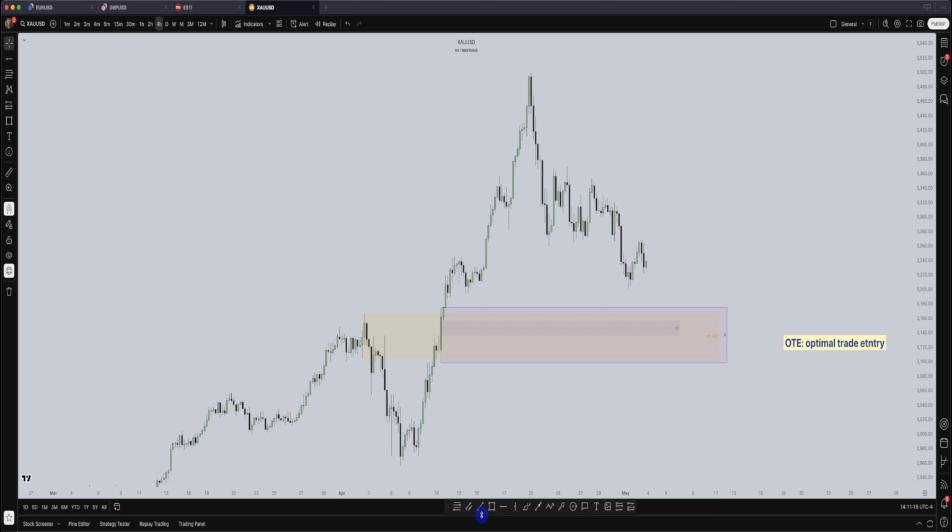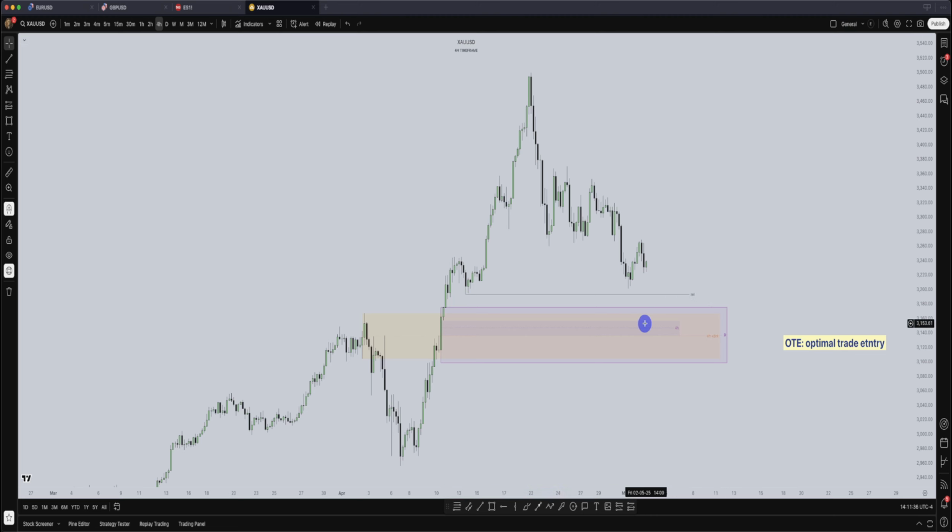So what else do we have? Very important, we have two relative equal lows. This is liquidity waiting to be taken. Okay, we have that. These are levels to have in mind.